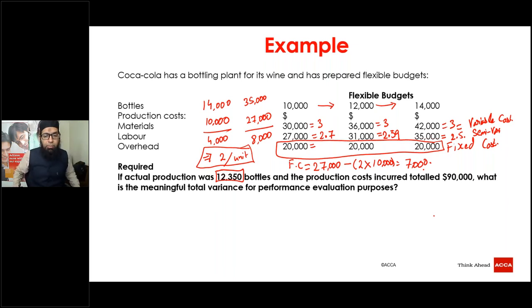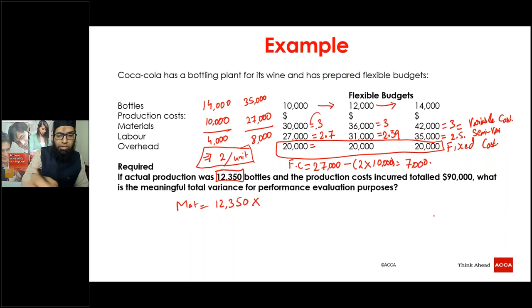Now I will estimate the cost on 12,350 units. For material, it will be 12,350 into 3.